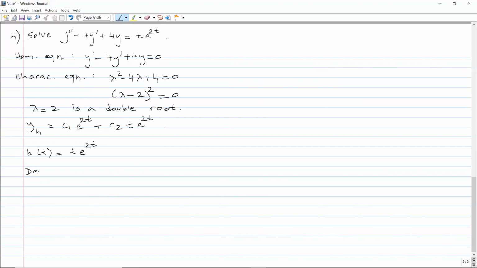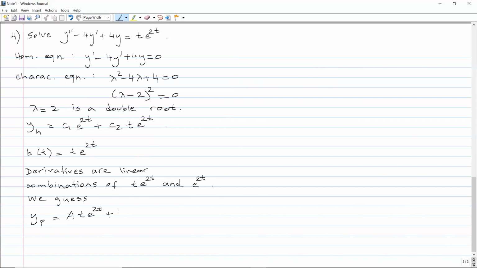So all derivatives are linear combinations of t e to the 2t and e to the 2t. So we guess the particular solution to be a coefficient a times t e to the 2t plus a coefficient b times e to the 2t.